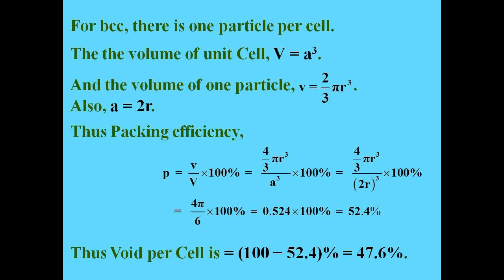Thus p = v/V × 100% = 4/3 πr³ / a³ × 100% = 4/3 πr³ / (2r)³ × 100% = 4π/24 × 100% = π/6 × 100% = 0.524 × 100% = 52.4%. Thus the void per cell is 100 − 52.4% = 47.6%.